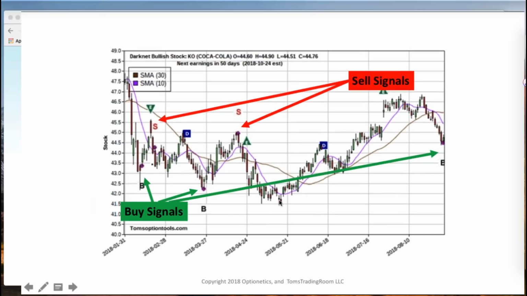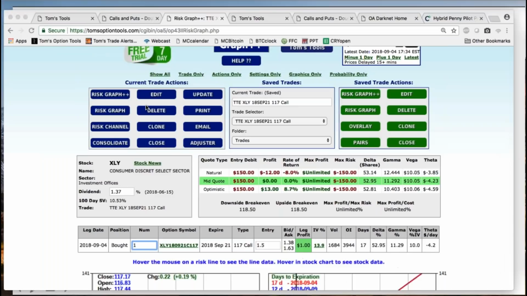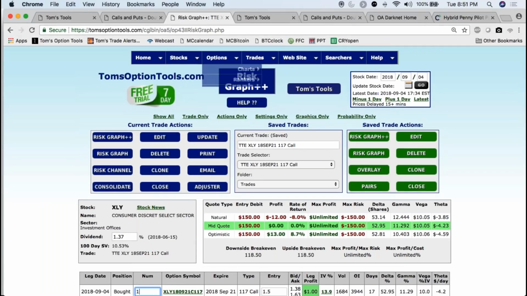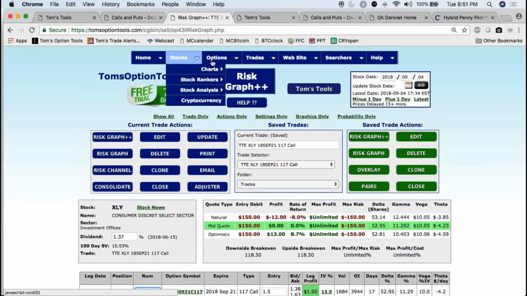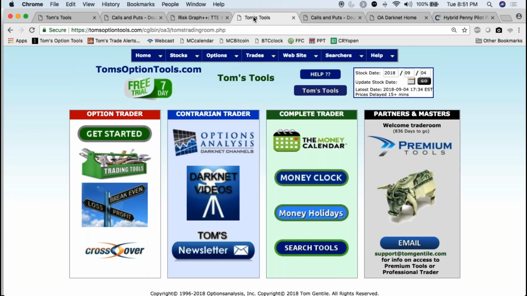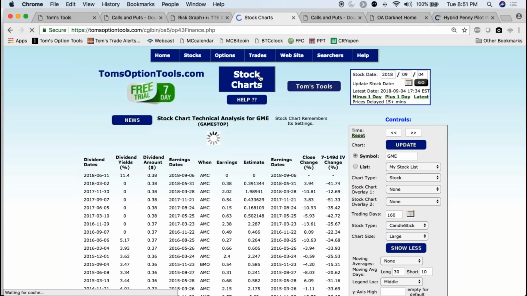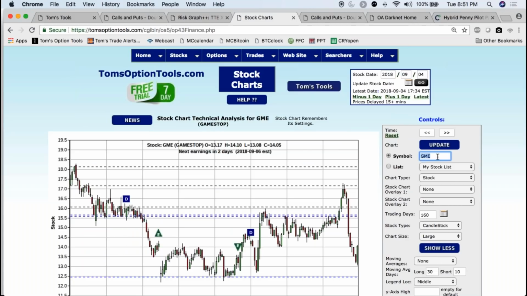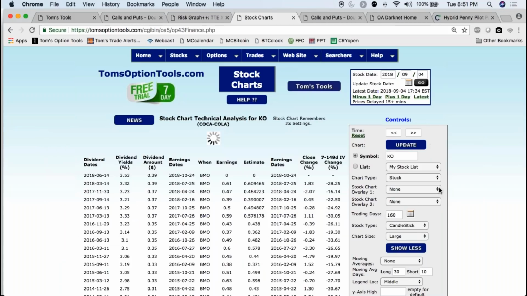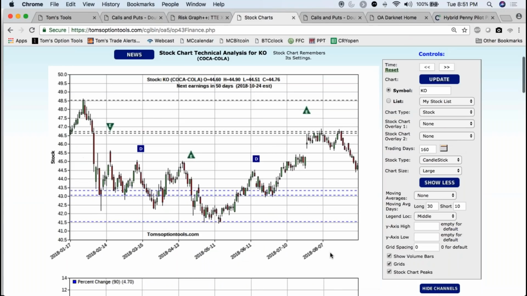That low risk trade can be created by simply going, let me bring up the actual chart. Let's go to tools, let's go to stock charts. And over here, I'm going to type in KO for Coca-Cola. And for Coke, notice the pullback.